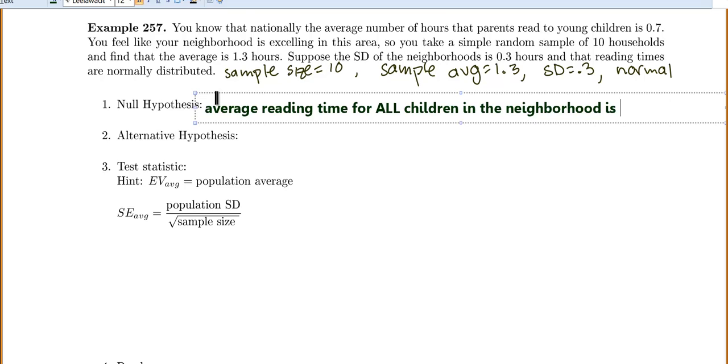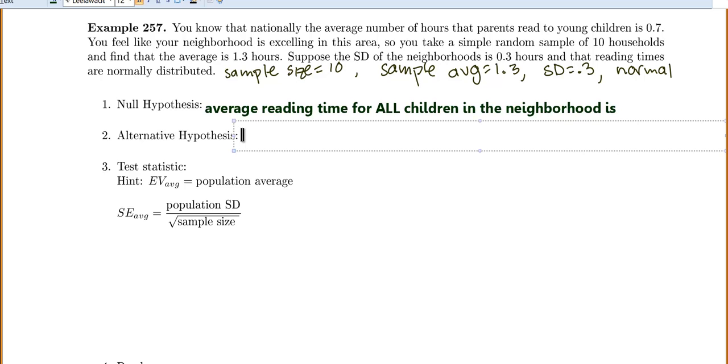So I would say, sometimes it's easier to write the alternative first. The alternative here is that we think that the average reading time for all children in the neighborhood is more than the national average of 0.7.